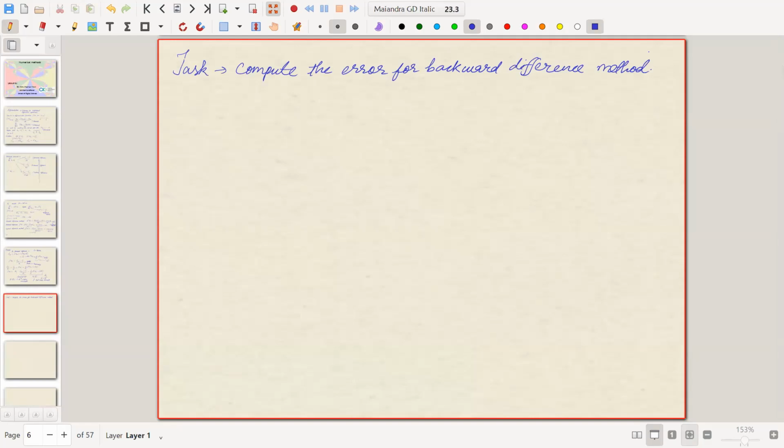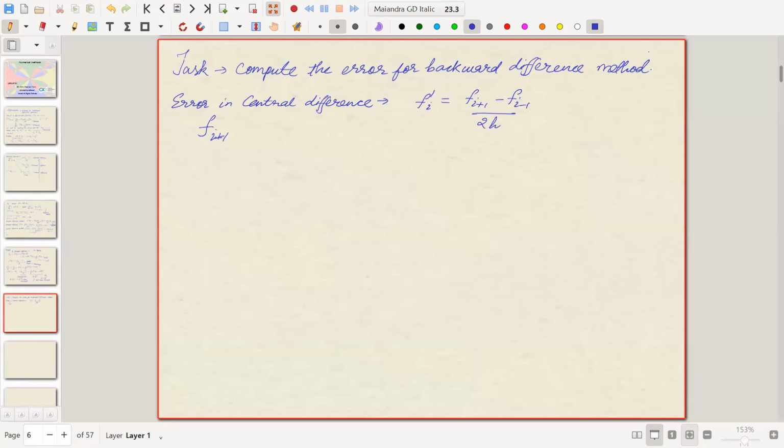So what is the error in central difference? You know that for central difference we have used f dash of xi equals f of i plus 1 minus f of i minus 1 by 2h, right?